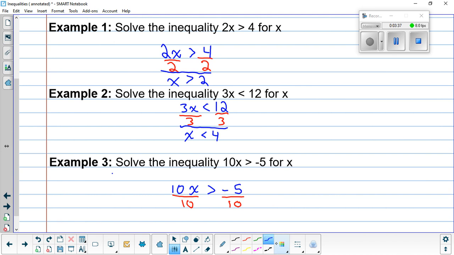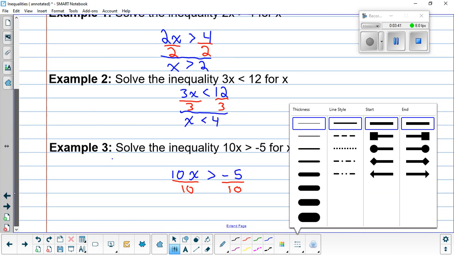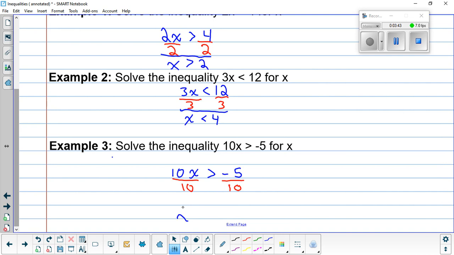So x, 10 over 10 will be 1, so we're just going to have x, and then we have 5 divided by 10, which we can simplify as 1 over 2. 5 goes into itself once, 5 goes into 10 twice.